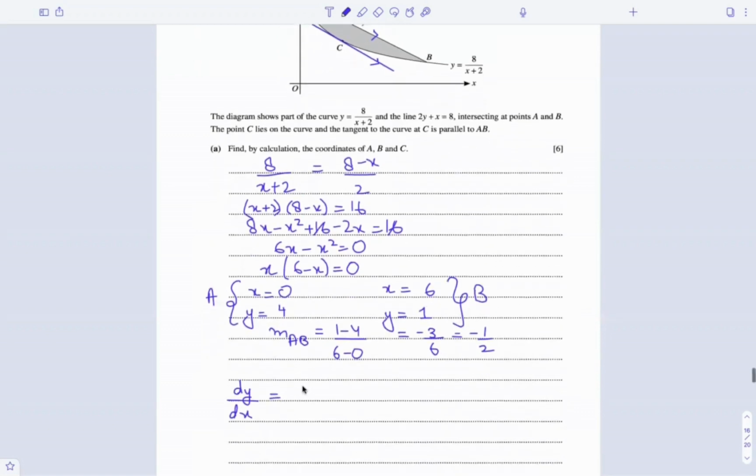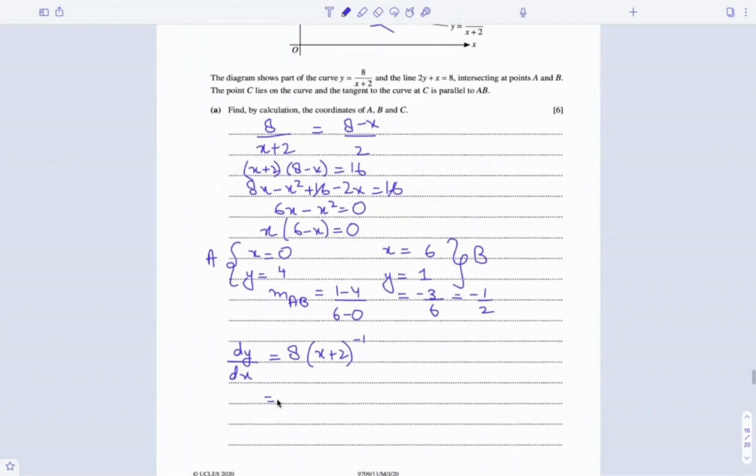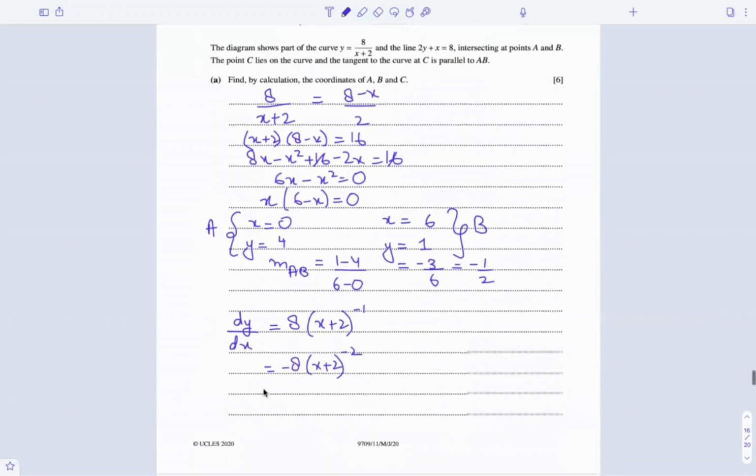The equation of the curve is 8 times x plus 2 to the power minus 1. Differentiating this, we get minus 8 into x plus 2 to the power minus 2, or minus 8 upon x plus 2 whole squared. Equating this to the gradient of the line AB, we have minus 8 upon x plus 2 whole squared equals negative 1 upon 2.